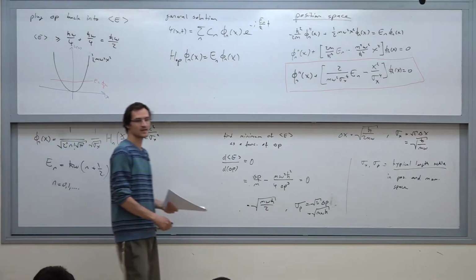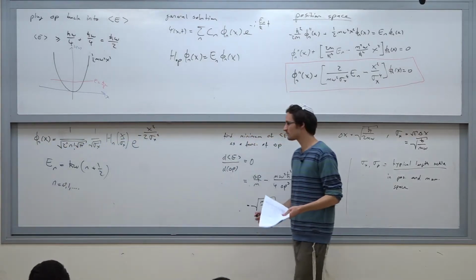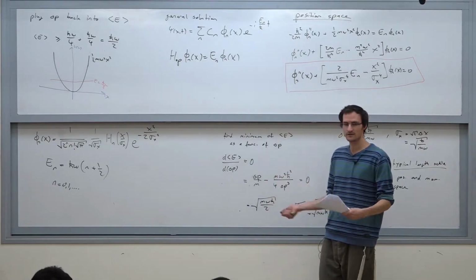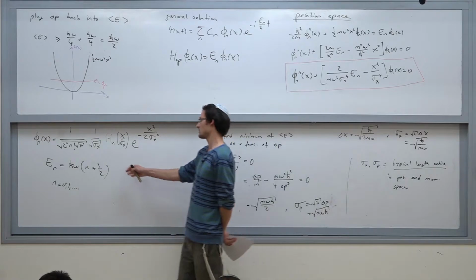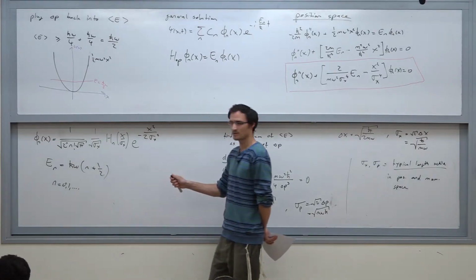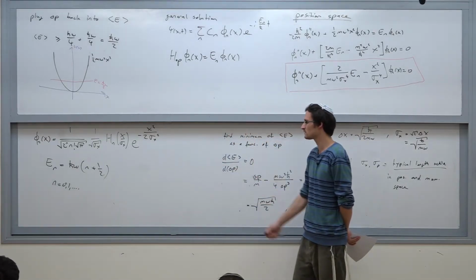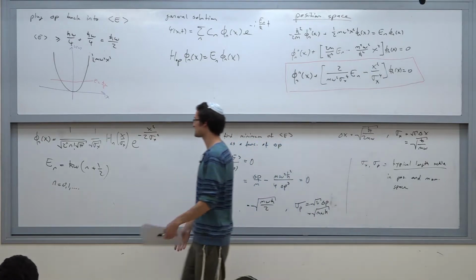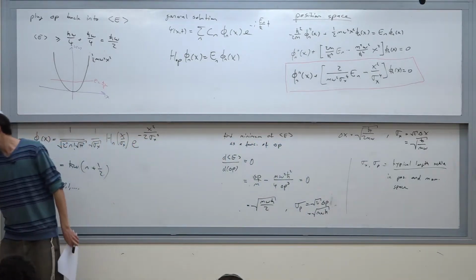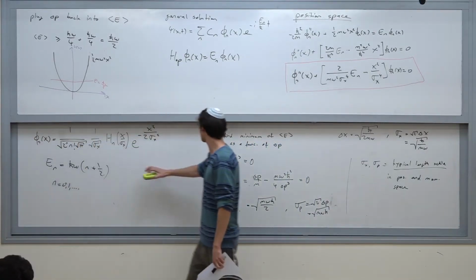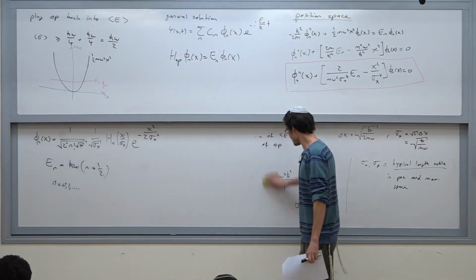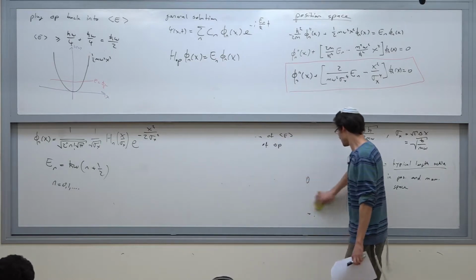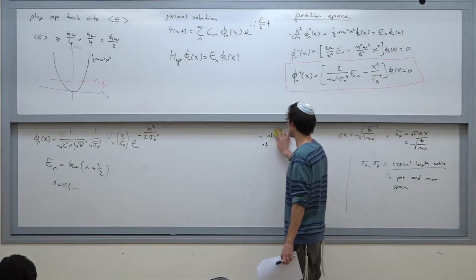Unlike all the other examples we've seen so far, potential wells, finite, infinite, which were never equally spaced. In this example, that's one of the reasons your harmonic oscillator is so important, and it will be in your future in physics. The reason that the spectrum is so nicely equally spaced makes it very useful to incorporate in many problems in physics.